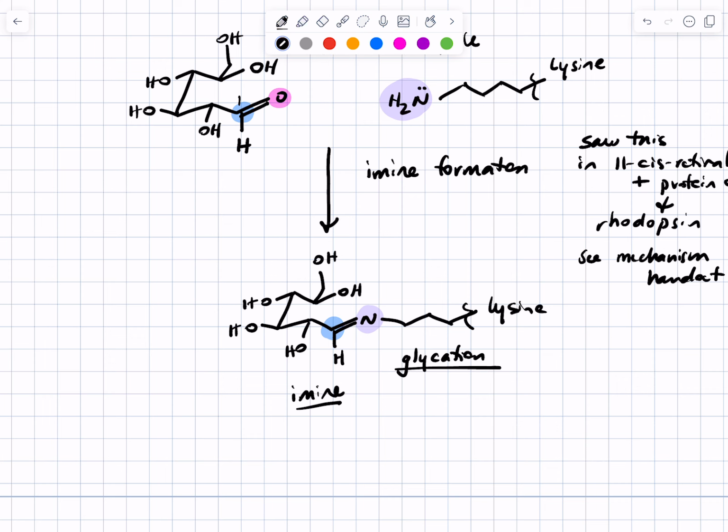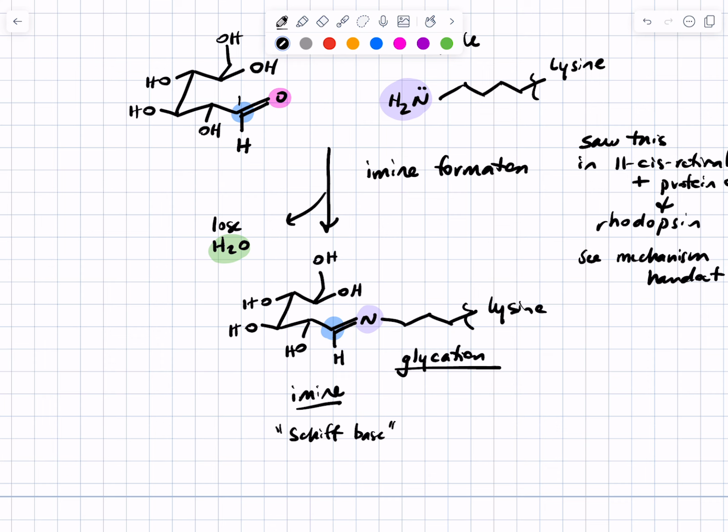In this process, we lose water as a leaving group. Again, you can see the mechanism in the mechanism handout. Some people call imines Schiff bases, named after somebody whose last name was Schiff. I don't particularly call them that. I like the word imine.